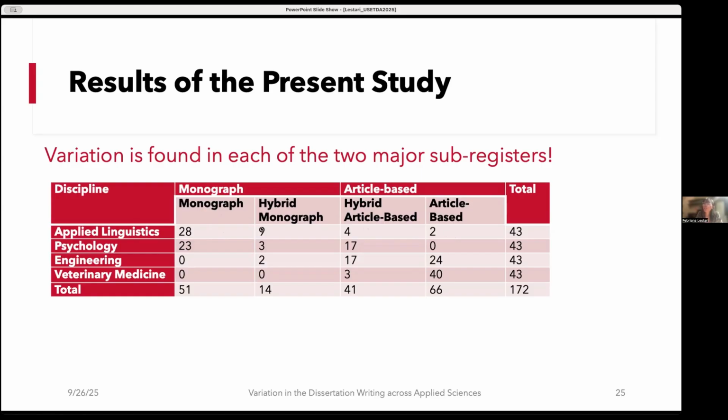And then psychology is dominated by monograph dissertation, but it does have the hybrid article-based. So this provides us with an overall idea that disciplines matter, and disciplines may affect the situational characteristics of how graduate students across disciplines write their dissertation.